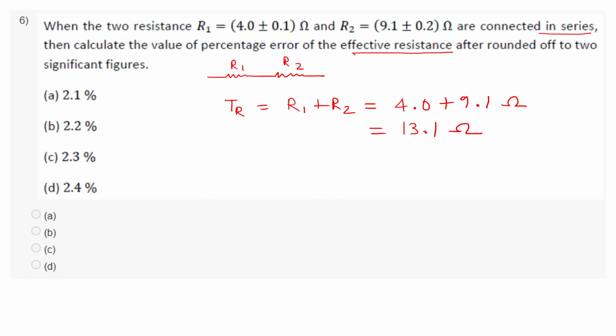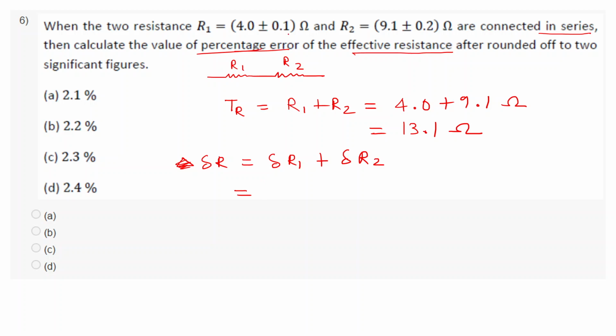Okay, decimal digit up to 1. Now we have to give the error values also. For error we have to calculate percentage error. Again, the percentage error in R means the percentage error in R1 plus the percentage error in R2.